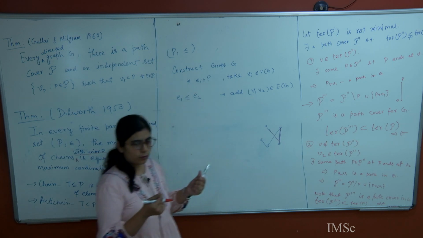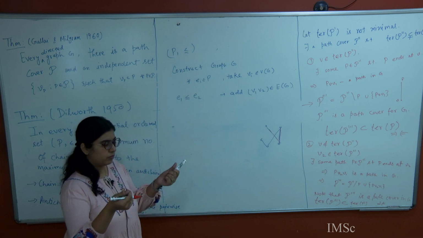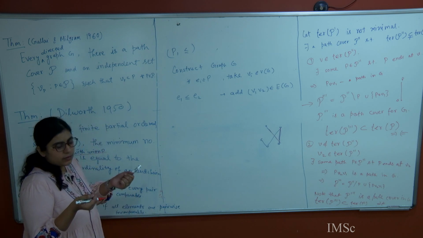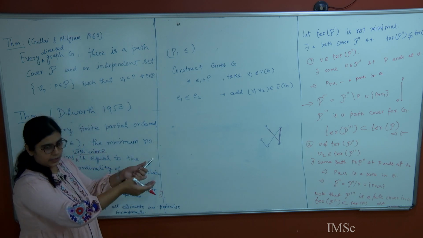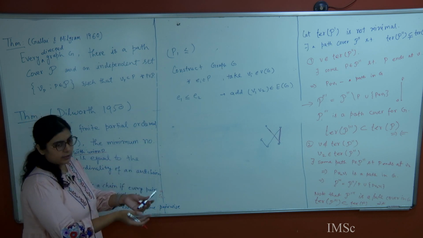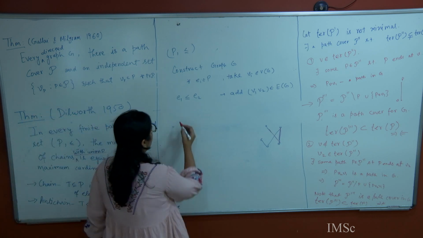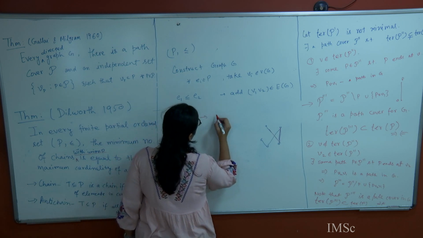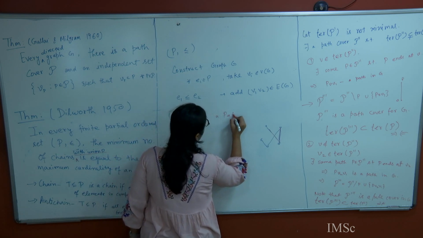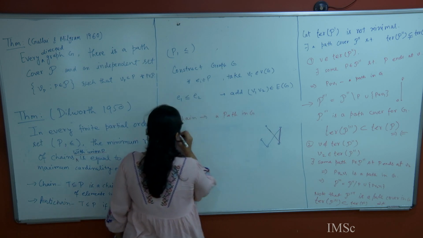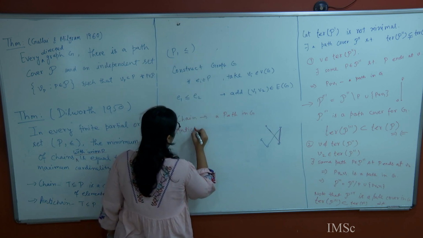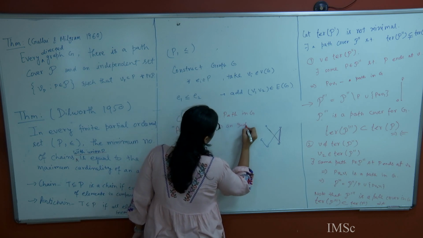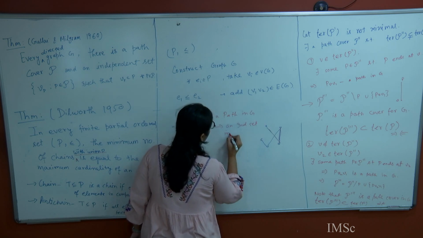In an independent set no two vertices are adjacent, and here no two elements are comparable, so they don't have any edge in G. They form an independent set in G. So basically a chain corresponds to a path in G, and an antichain corresponds to an independent set in G.